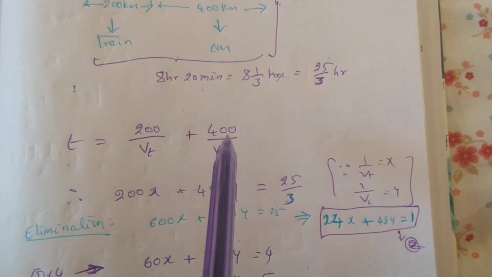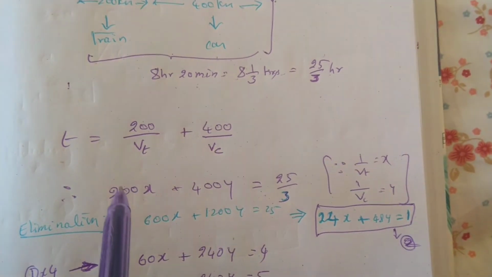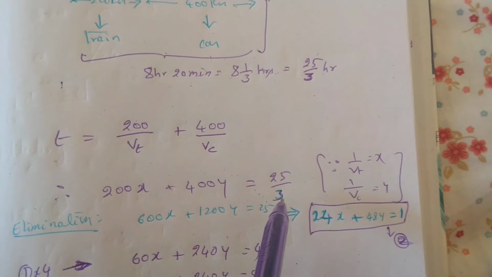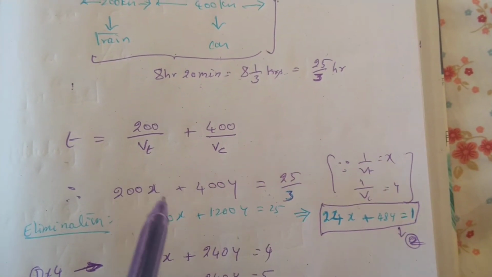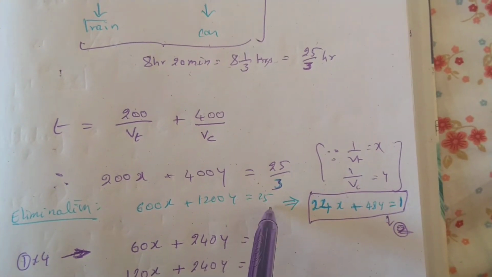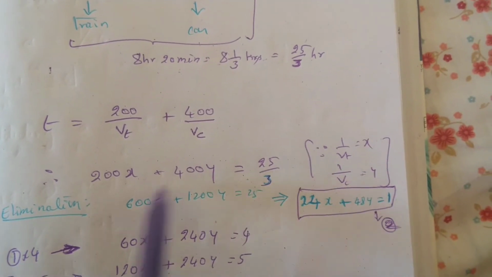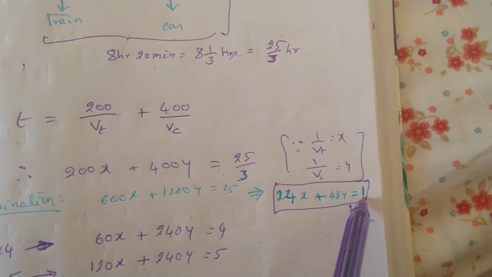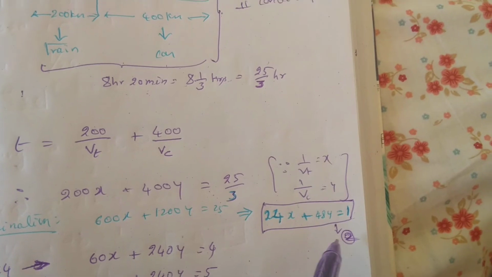Since 1 by Vt is x and 1 by Vc is y, you have 200x plus 400y is equal to 25 by 3. On further simplification, cross multiplication, you will get 600x plus 1200y is equal to 25. On dividing the whole equation by 25, you will get 24x plus 48y is equal to 1. So you got this as the second equation.